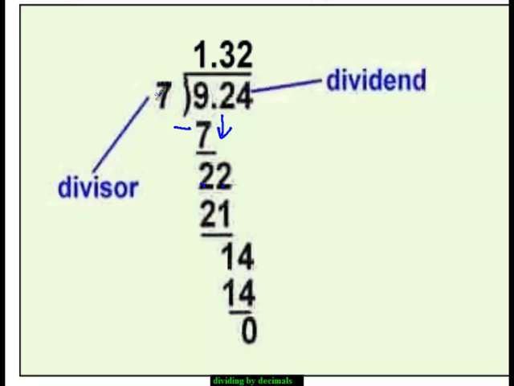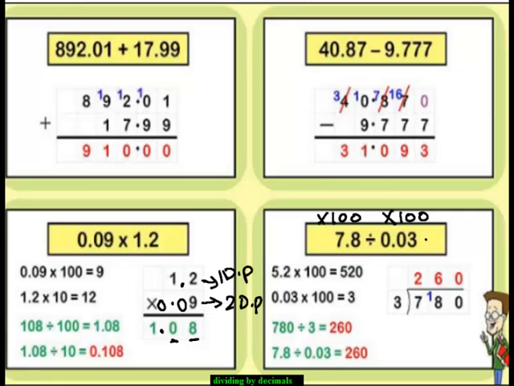It will be 3. 3 by 7 is 21, minus, 22 minus 21. The answer will be 1, and here 0. And I'm going to drop down the 4. 14 divided by 7. It will be 2. 2 by 7, 14, 0 0, and happy face.